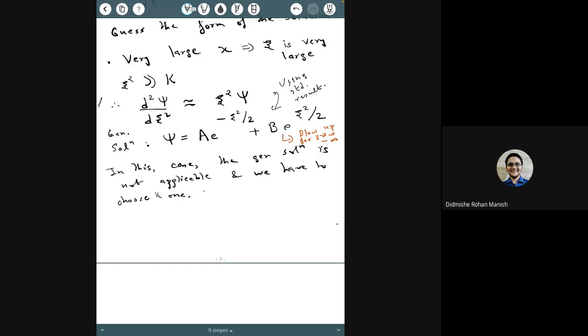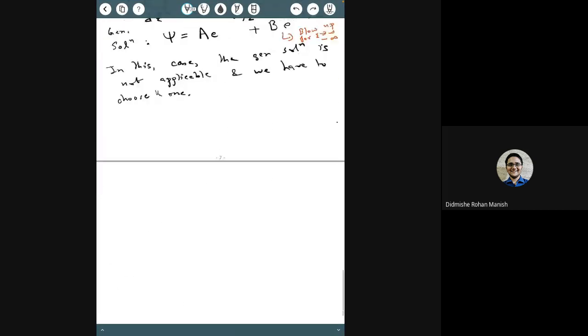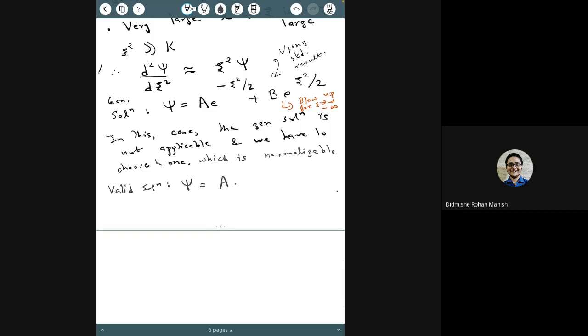Choose the one which is normalizable. So the valid solution in this case is psi is equal to a to the power e minus xi squared by 2.